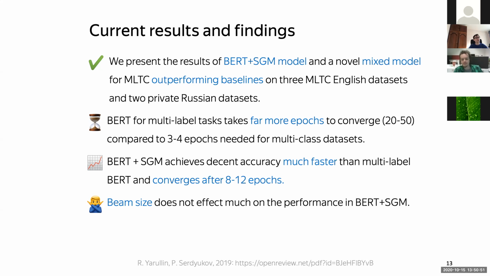And also one of the findings was that the beam size, so we performed beam search in the inference stage, does not affect the performance much. It's an interesting finding, because it actually matches the intuition.